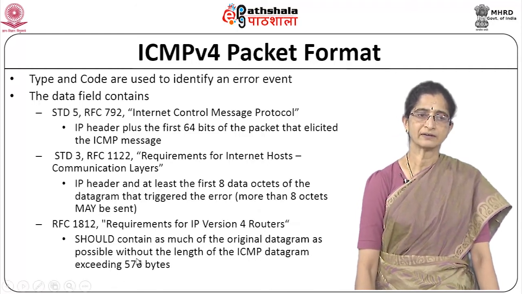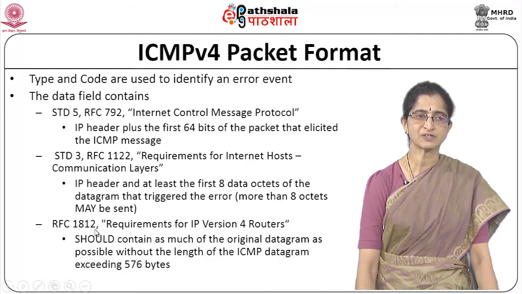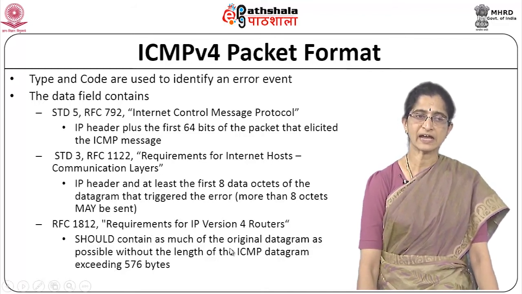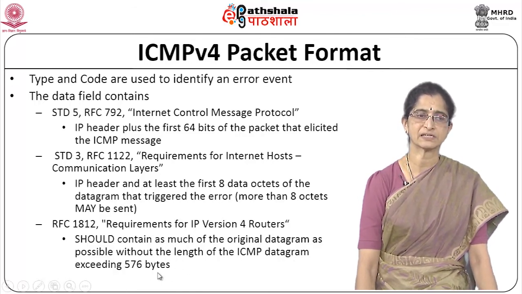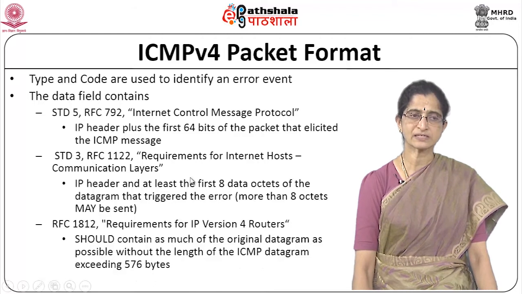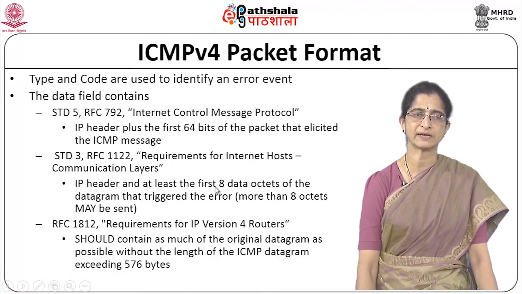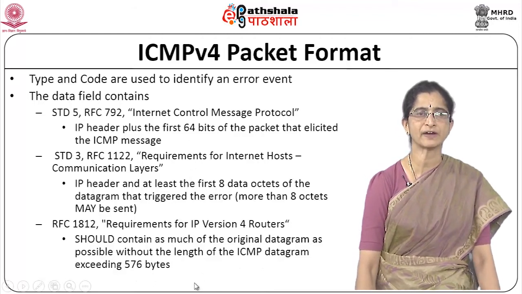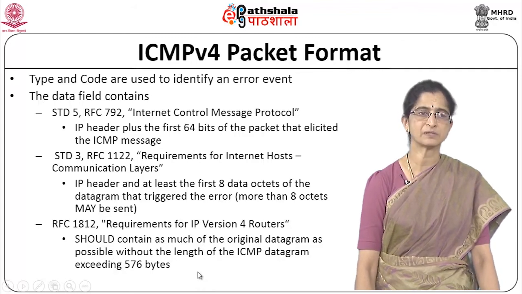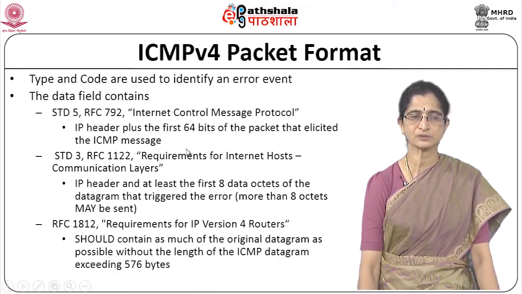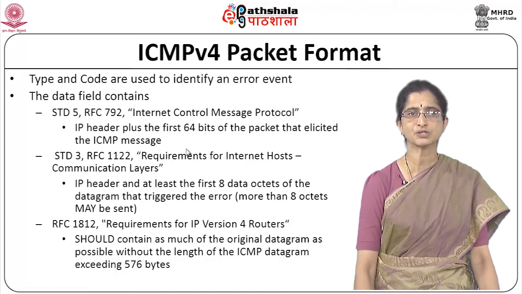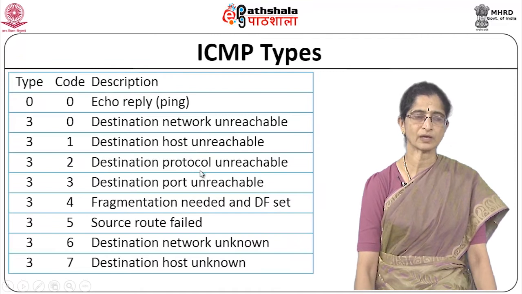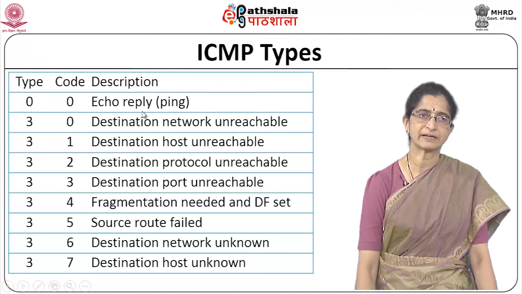In RFC 1812 there is a requirement which says that the information should contain as much of the original datagram as possible without the length of the ICMP datagram exceeding 576 bytes. So starting off from 64 bits, which is about 8 bytes, we say more than 8 bytes and up to 576 bytes of information can be sent as part of this data field. The data field normally is taken from the IP packet which is causing the error.